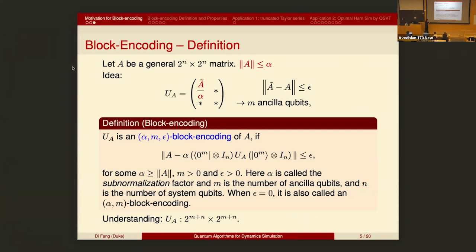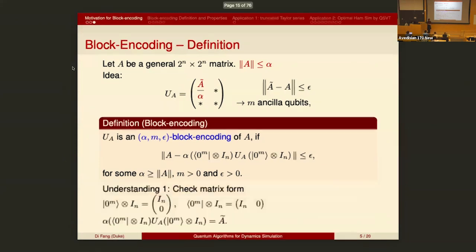The first understanding is that although it's written in this way, the dimension is not an addition. It's not plus M dimension, because we are acting on qubits. It's multiplied by 2 to the M. In other words, even one ancilla is already doubling the space dimension.